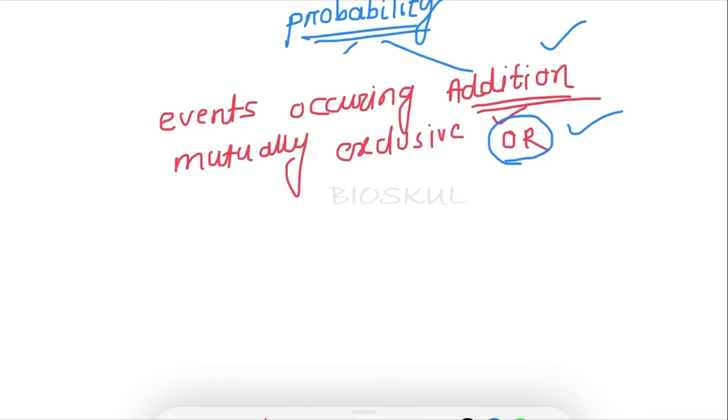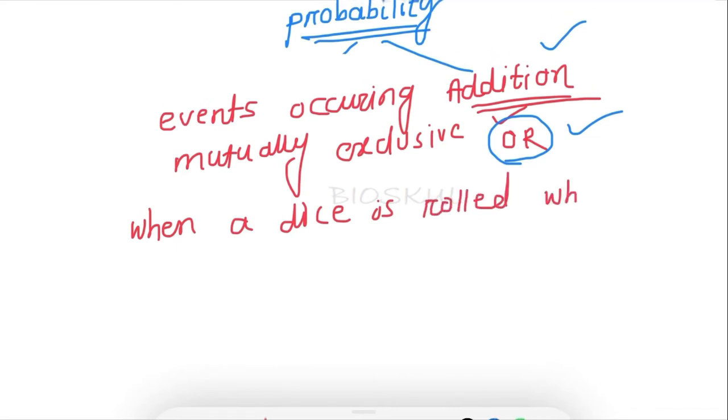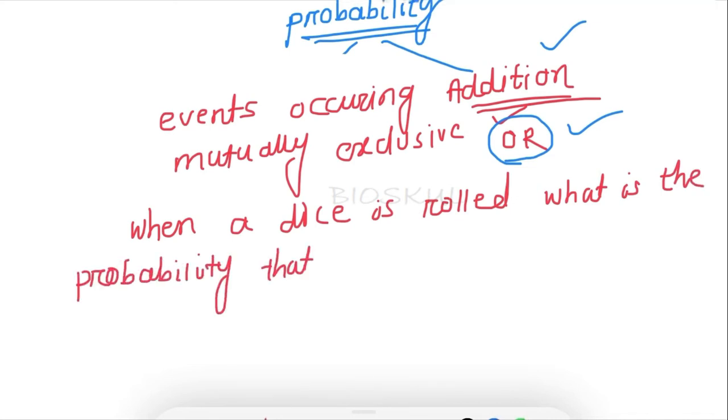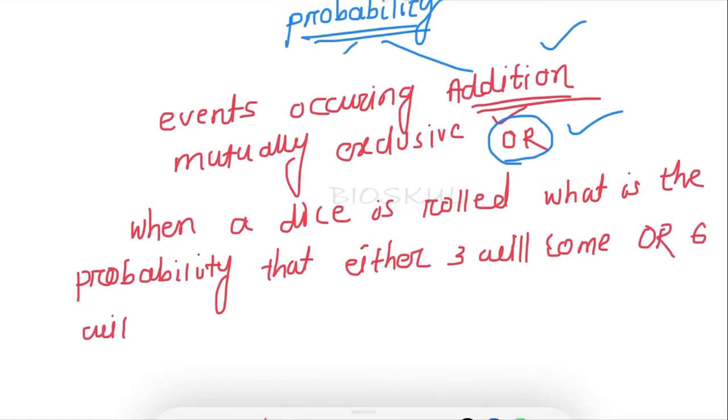Let's understand this topic with a couple of examples. When a dice is rolled, what is the probability that either 3 will come or 6 will come?